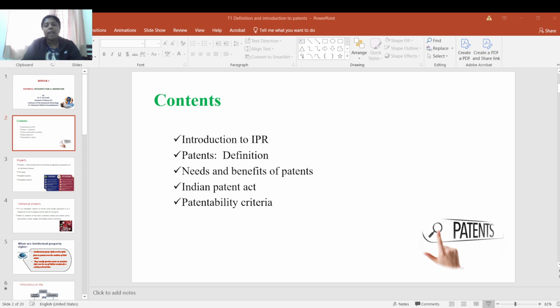And the different types of IPR, if we see, the first is a patent. A patent is a right given for a particular invention. Then copyright is what we see for literary works, music, plays and films.